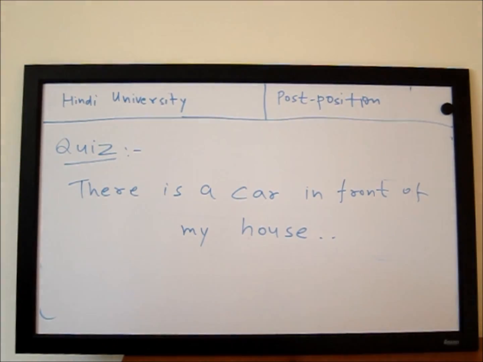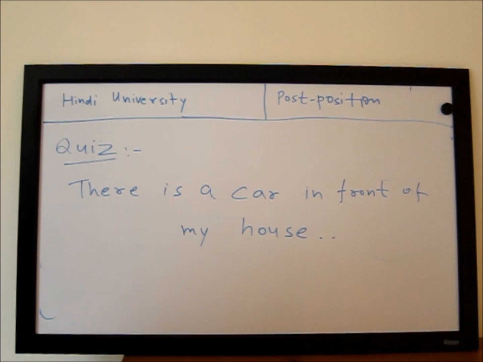Your task is to change this sentence into Hindi and make different forms. By different forms, I mean like there isn't a car, or is there a car in front of your house? So make different forms. I want you to be creative and ask me any questions you have. Thank you so much.